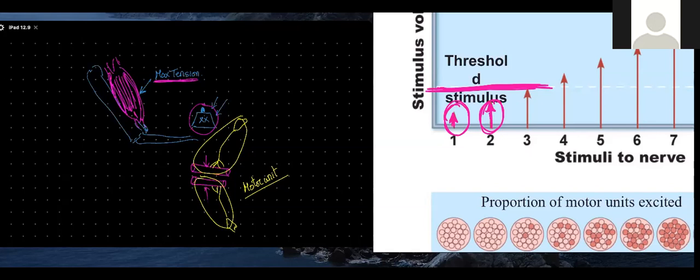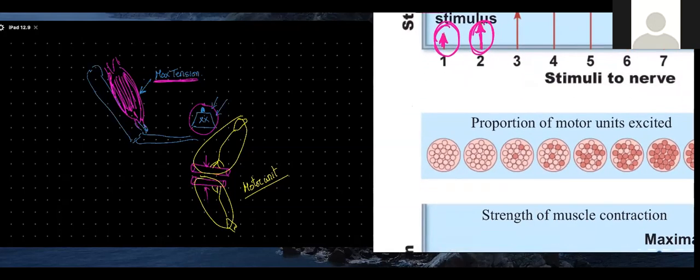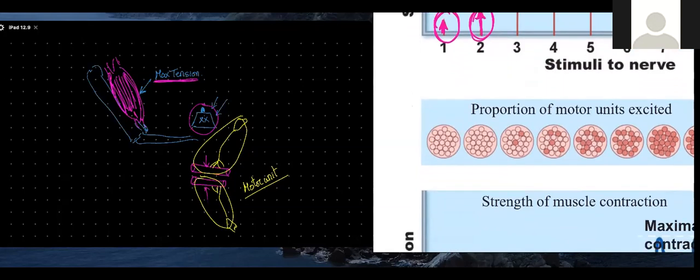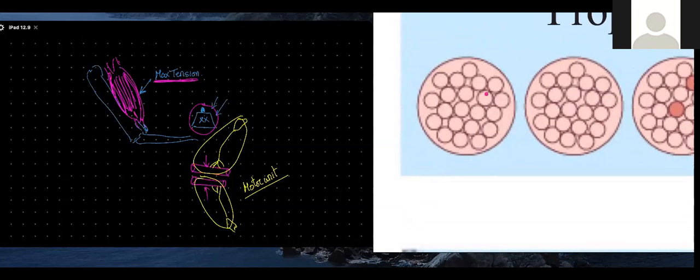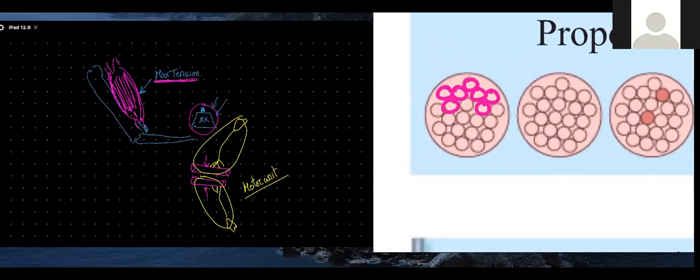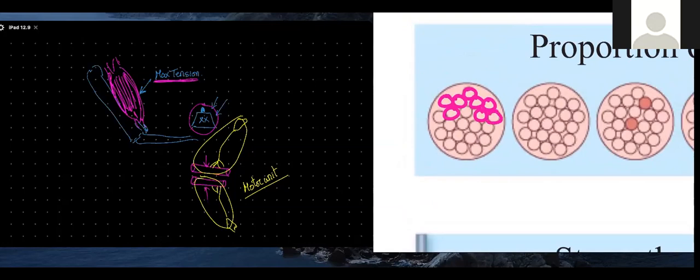Would I have any muscle contraction? No muscle contraction. So the strength of the stimulus here is too weak to activate any of the muscle fibers. None of the muscle fibers in this muscle have been activated.